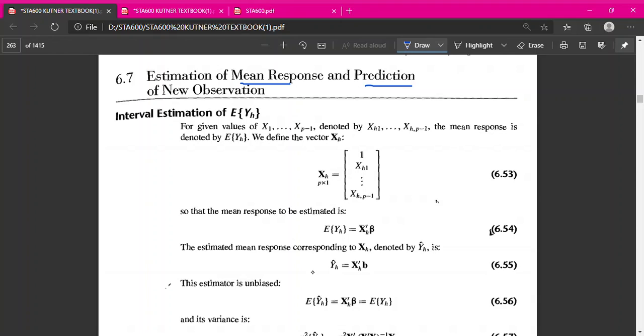So you punya matrix of xh ni will be p by 1. Kalau sebelum ni it will be 2 by 1 sebab you akan ada dua parameter sahaja. Sekarang kalau kita deal dengan MLR, parameter you will be p. So this is the matrix of xh, which is the value of x that will be replaced in the data.